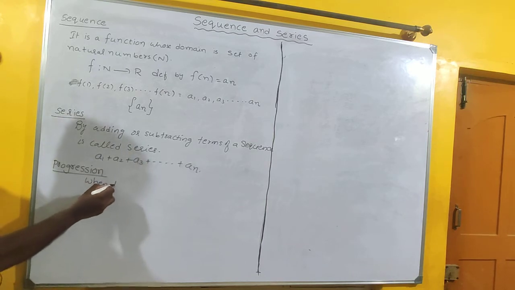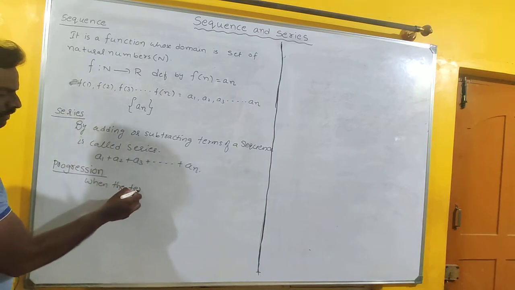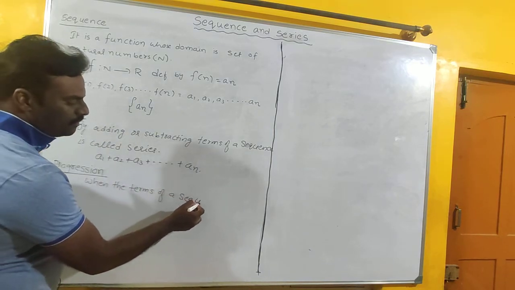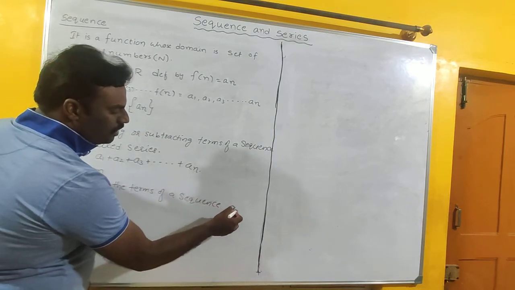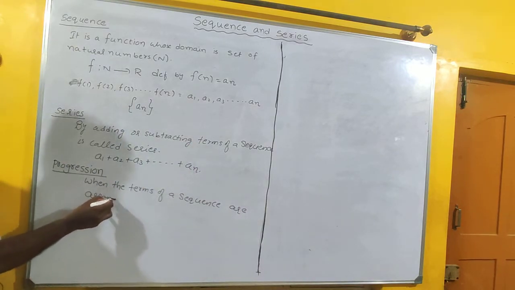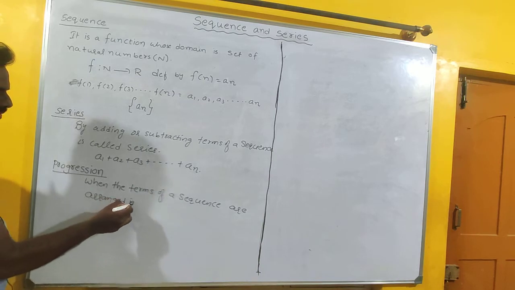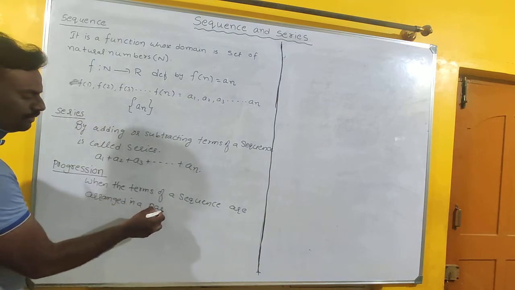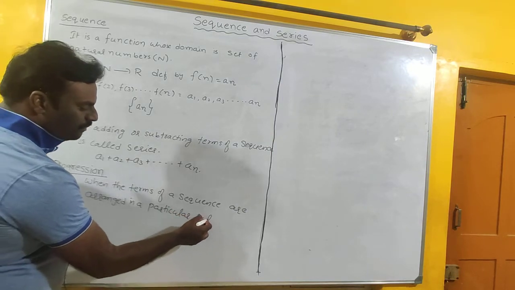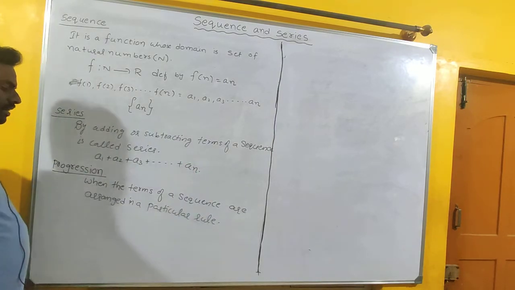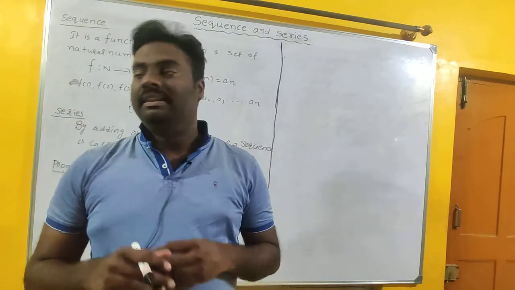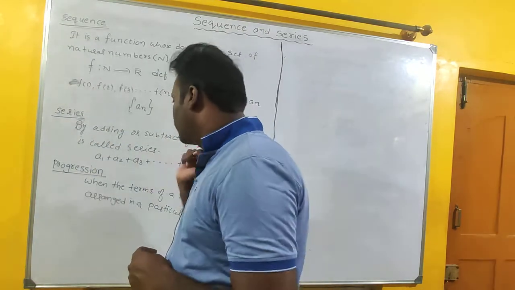When the terms of a sequence are arranged in a particular rule, that is called progression.